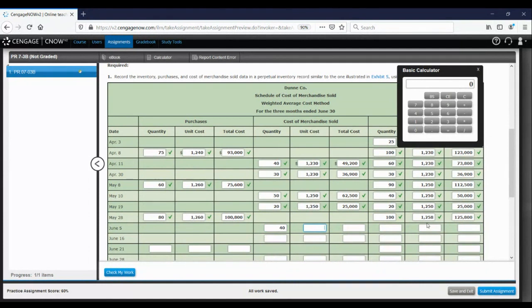The average cost per unit was $12.58 that we calculated from the last transaction. We would multiply 40 units that we sold times $12.58, the average cost per unit, and that will give us the total cost of merchandise sold at $50,230.